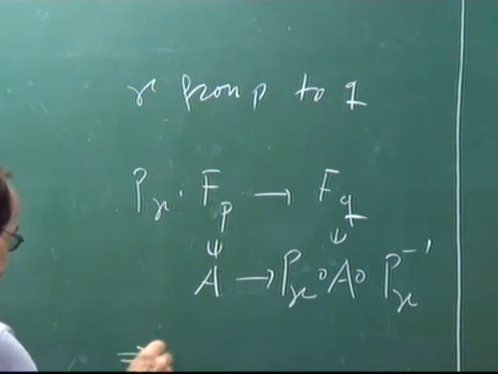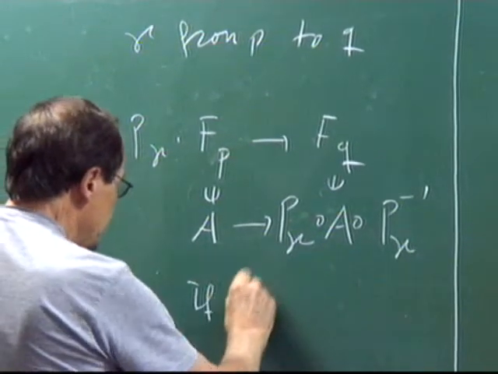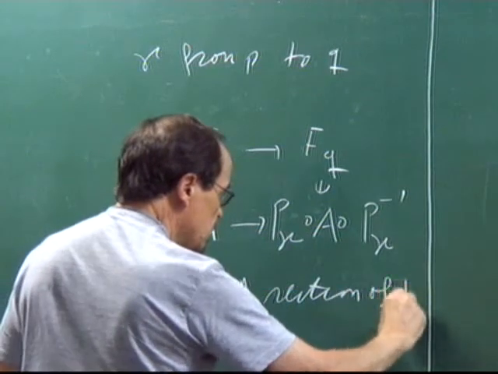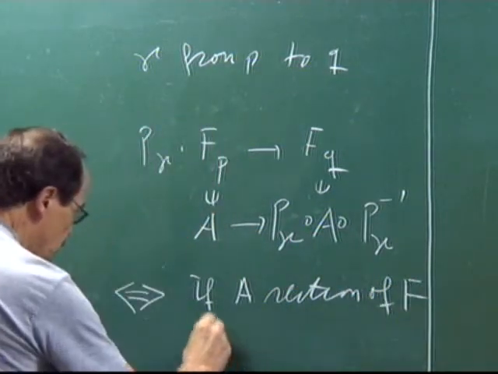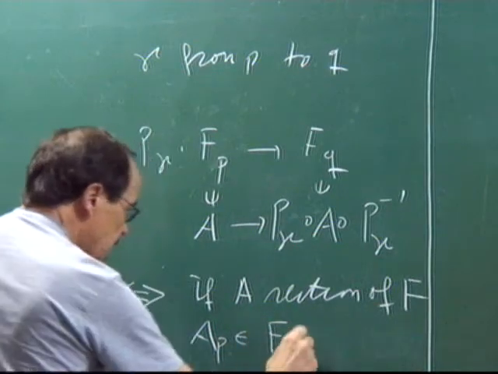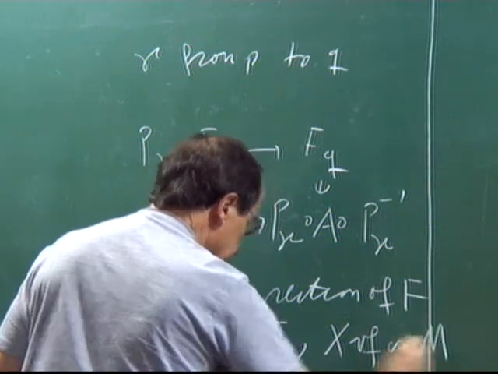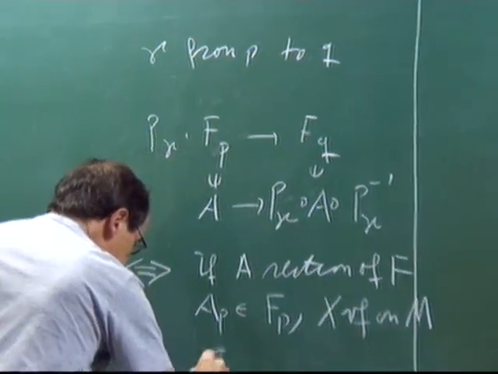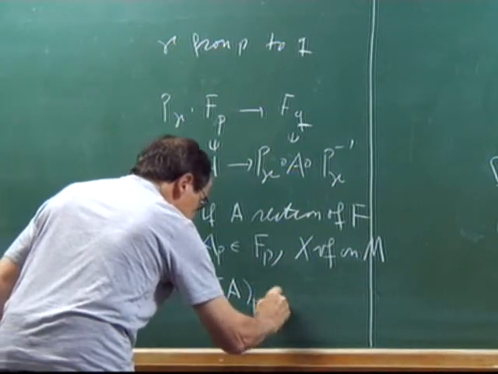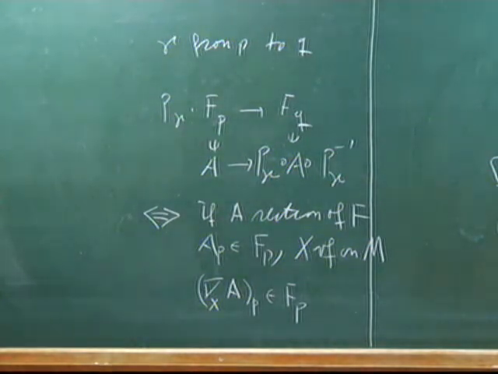Equivalently, there's another way to say that. If A is a section of F, so in other words, for each point P, A_P lies in F_P, and X is a vector field on M, then I require that the covariant derivative nabla_X A at each point P is an element of F_P. So covariant derivatives of sections stay in the bundle.